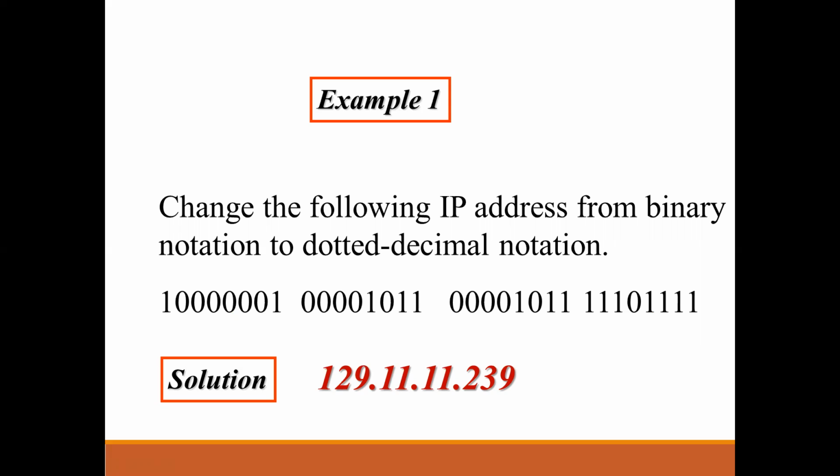As we have studied, in dotted decimal notation each byte is converted into its equivalent decimal number, and it is separated just by the dot. So here you can see this is the first byte, this is the second byte, this is the third byte, and this is the fourth byte.